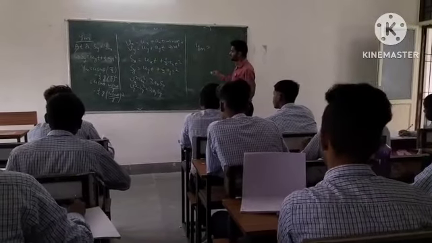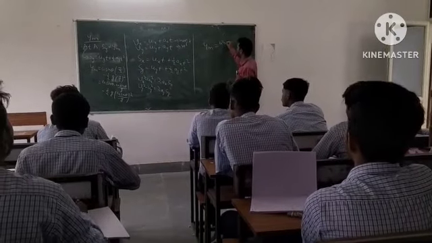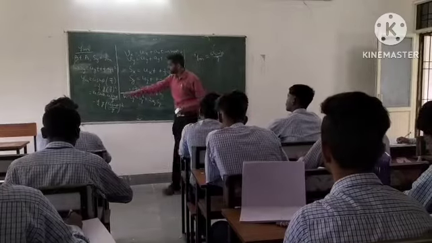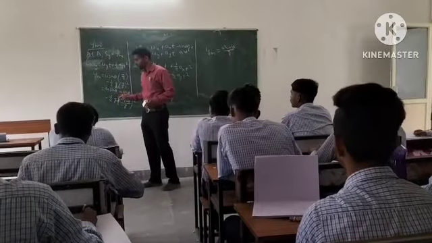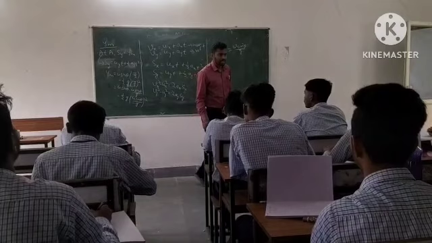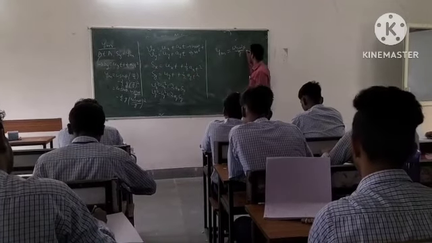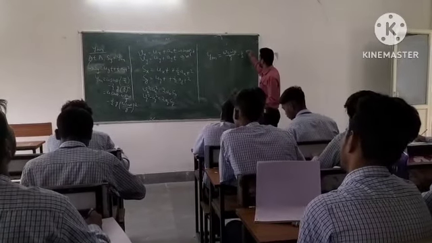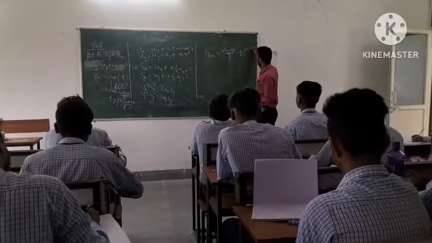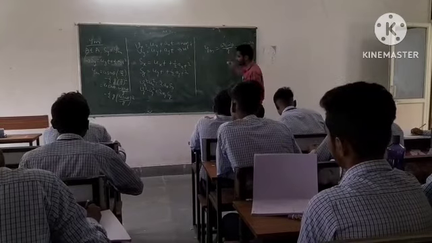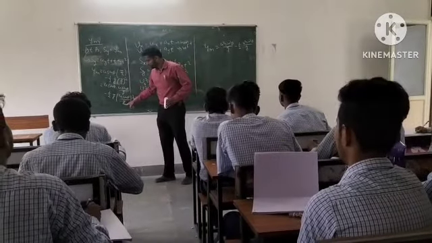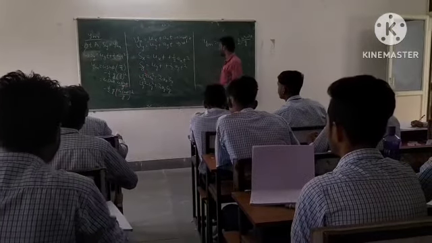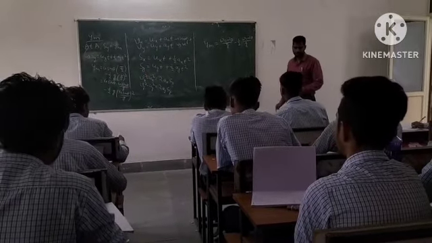Now the maximum height: the first term is u sin theta into u sin theta by g, that is u square sin square theta by g, minus half u square sin square theta by g. How? This is g divided by g square, which is 1 by g.